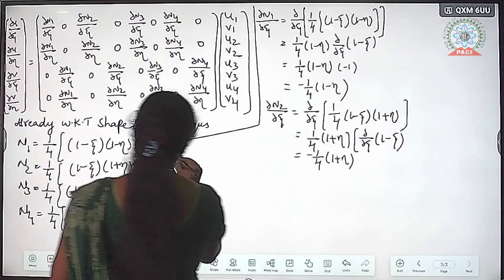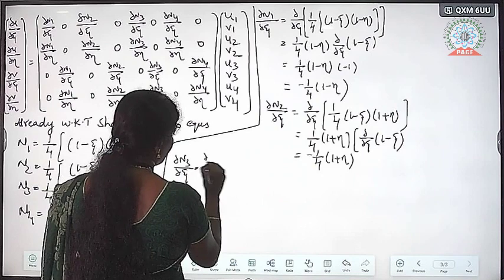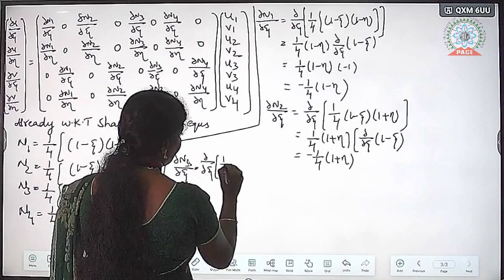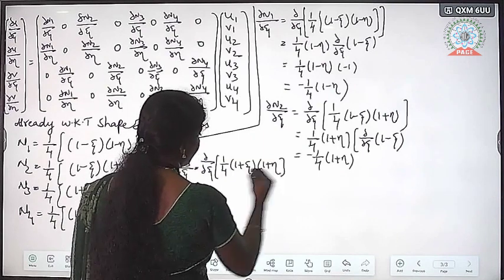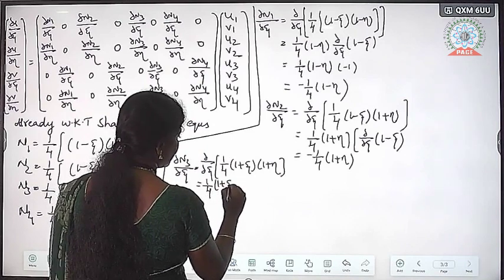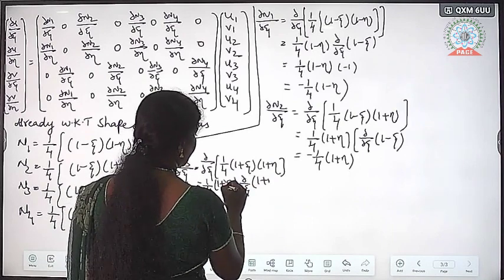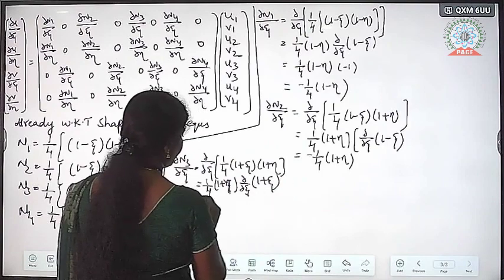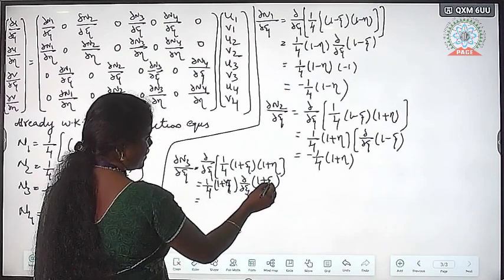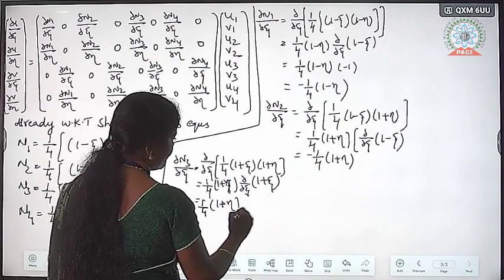Similarly, dou N3 by dou xi is equal to dou by dou xi of N3, 1 by 4 into (1 plus xi) into (1 plus eta). Here dou by dou xi of positive xi is positive 1, so 1 by 4 into (1 plus eta). The constant term, dou by dou xi of a constant term, means 0.